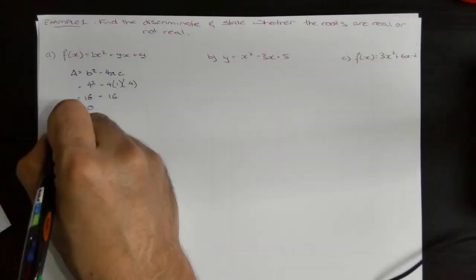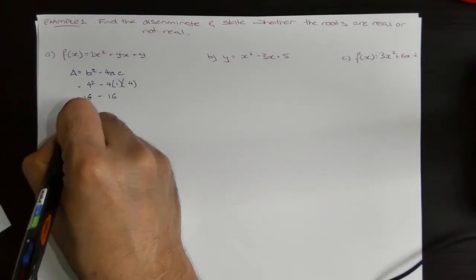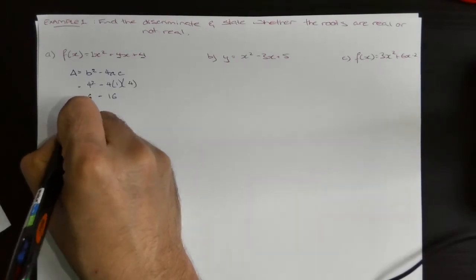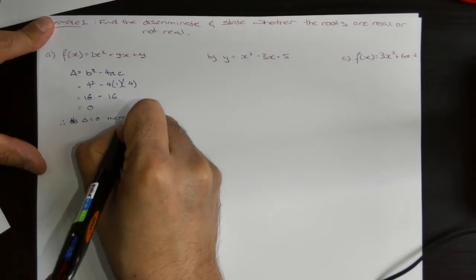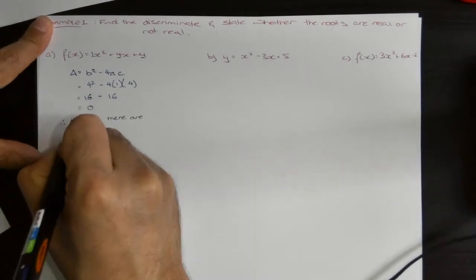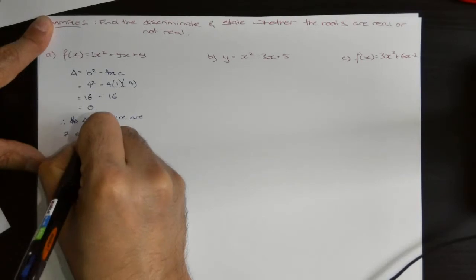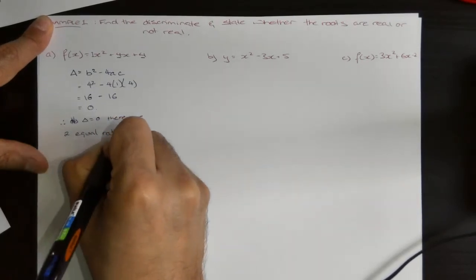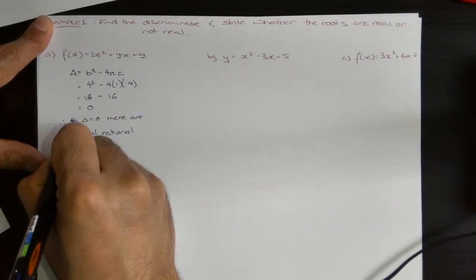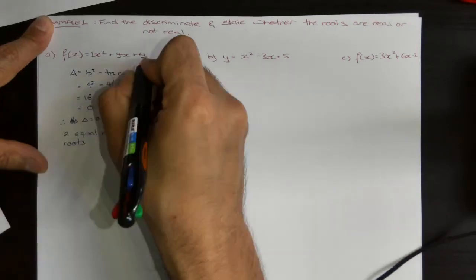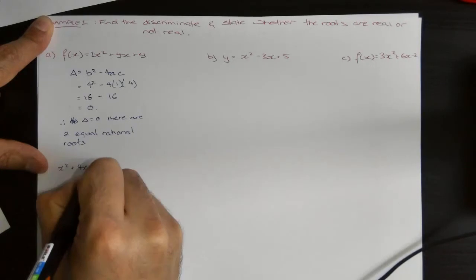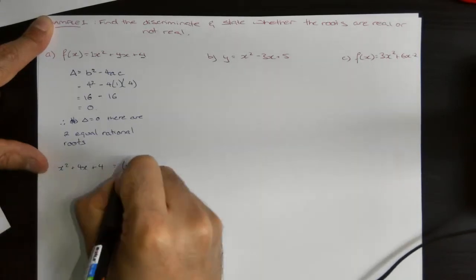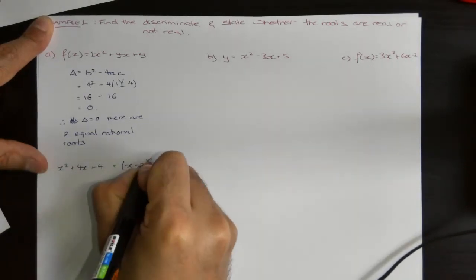Therefore, as the discriminant equals 0, there are two equal rational roots. And we can see that because if we factorize x squared plus 4x plus 4, that is x plus 2 all squared.